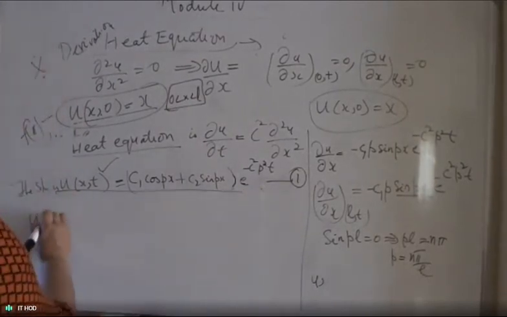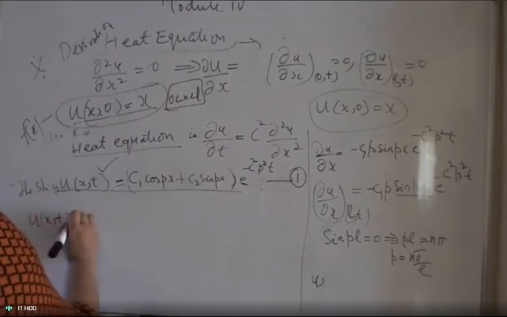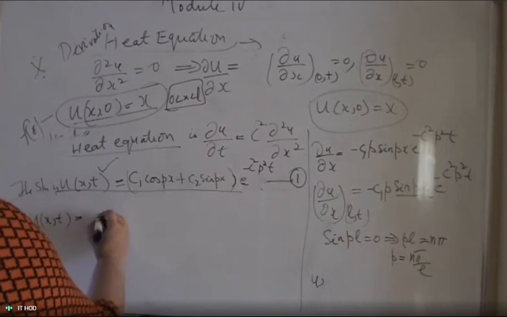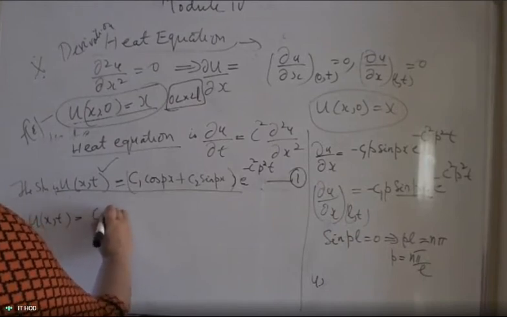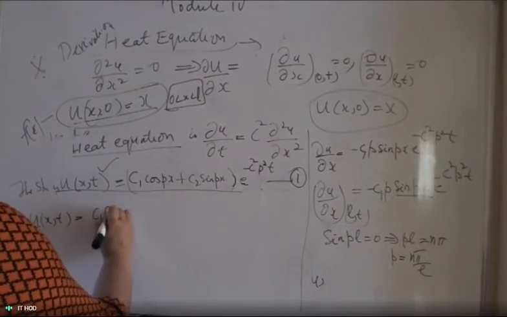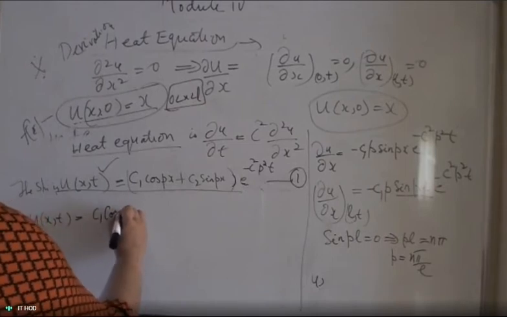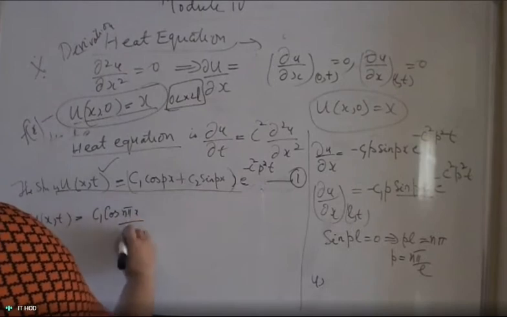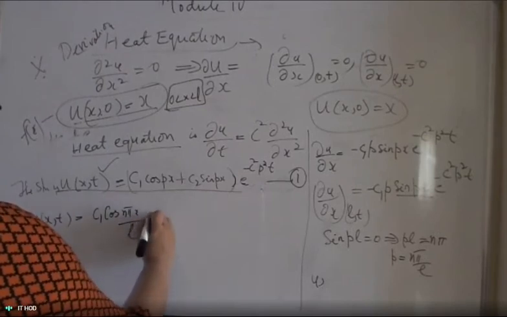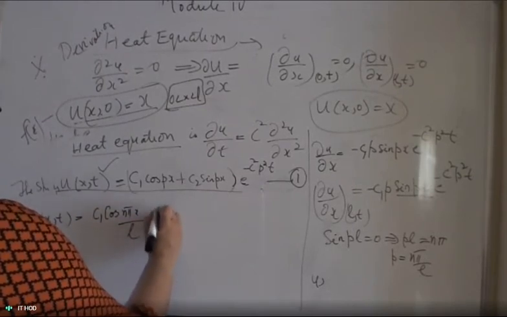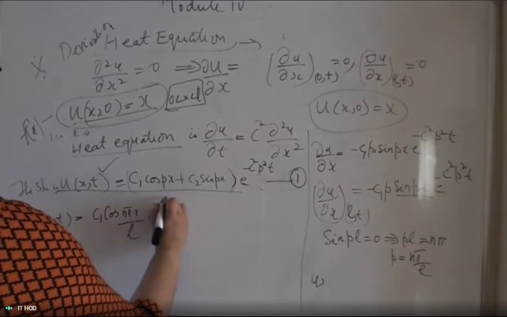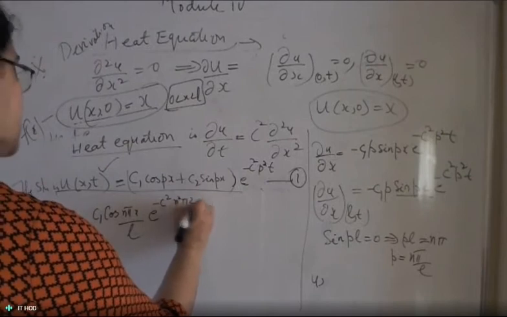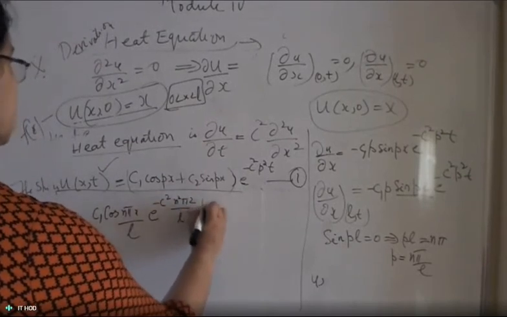So our new u(x,t) is equal to C1, C2 is 0, so that is cos n pi x by L, e raised to minus c square n square pi square by L square t.